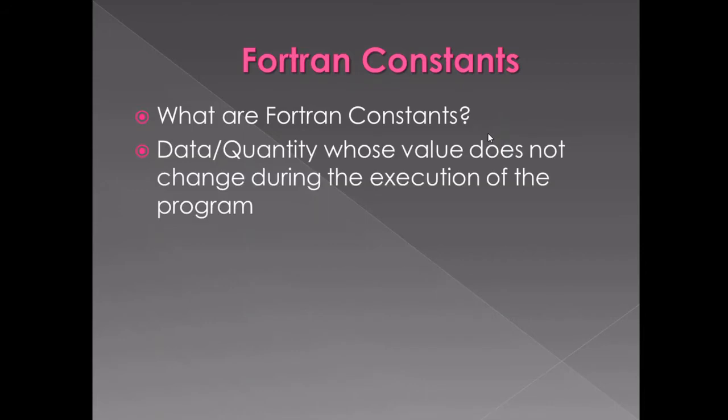These are data or quantities whose value does not change during the execution of the program. This is something which we need to understand. Fortran constants seem trivial, but you need to understand that they are data or quantities whose value does not change during the execution of a program.